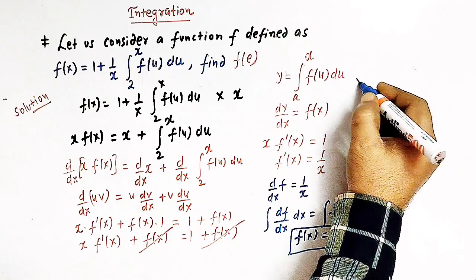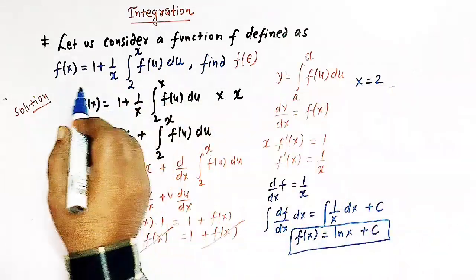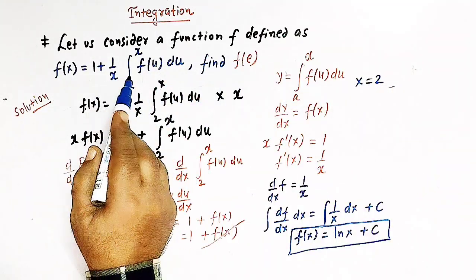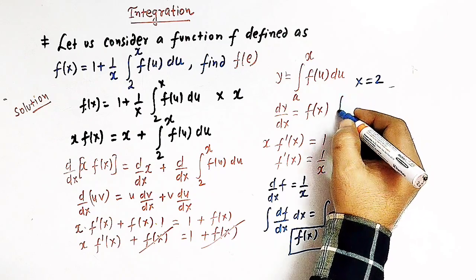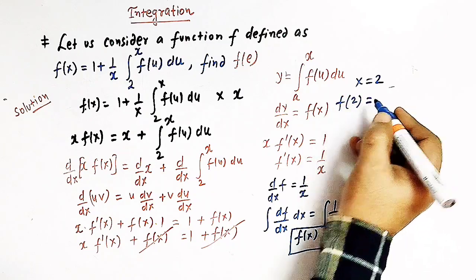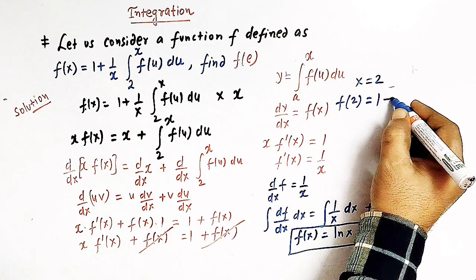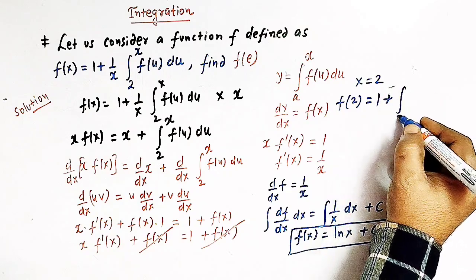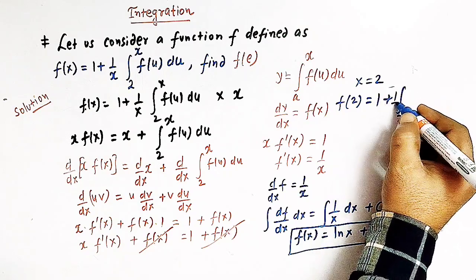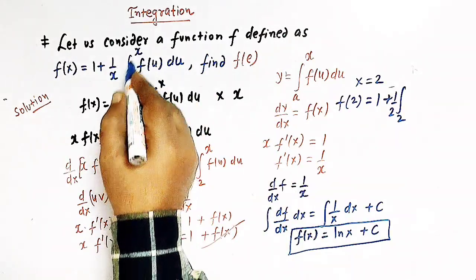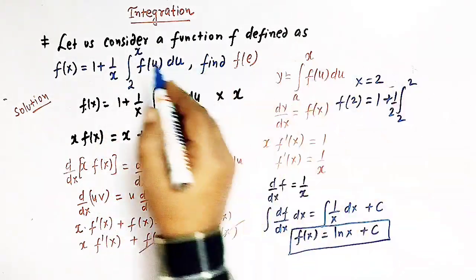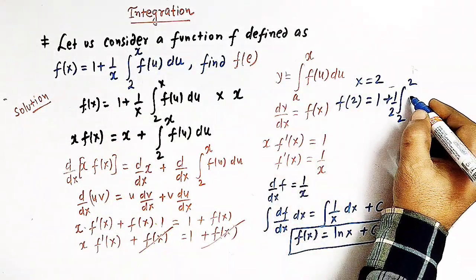So taking x is equal to 2 in the given equation, we have f of 2 equal to 1 over 2 times the integral from 2 to 2 of f of u du.